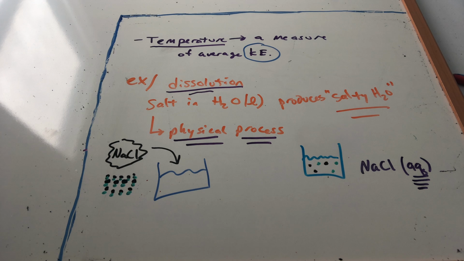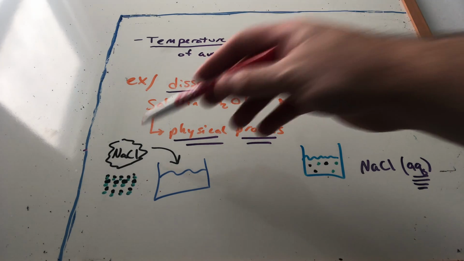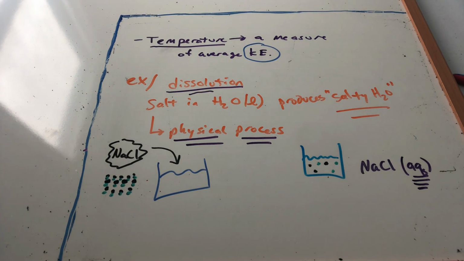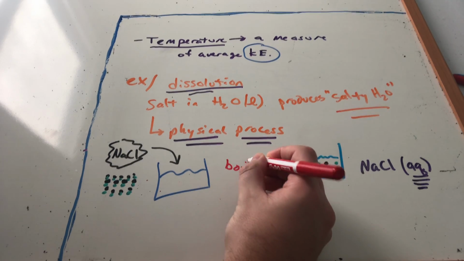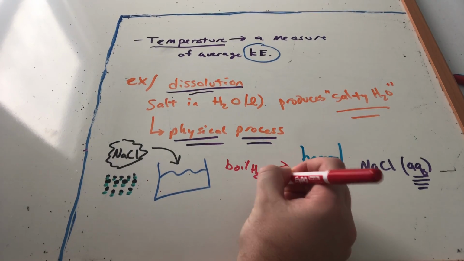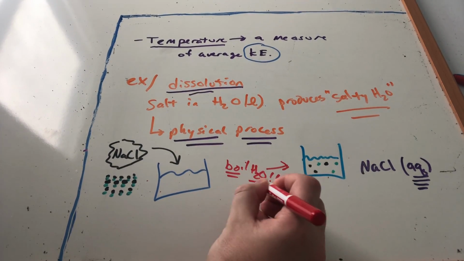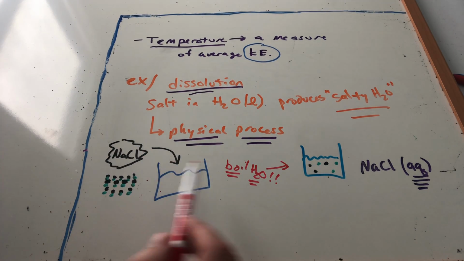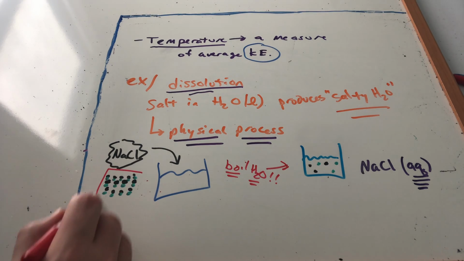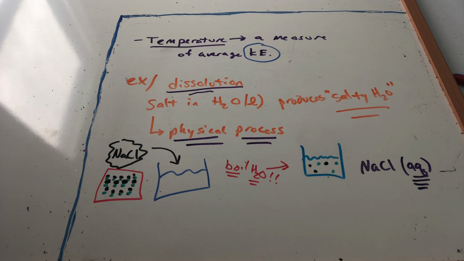If I have salt water and I asked you how we would separate it back into NaCl separated from water, you know that you could take advantage of physical properties. If I wanted to separate this mixture, you would try to boil the water. Now, what would boiling the water do? Boiling the water would cause the water molecules to go away and you'd be left again with your salt particles, okay?